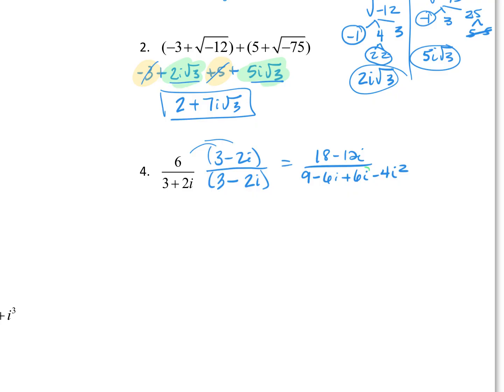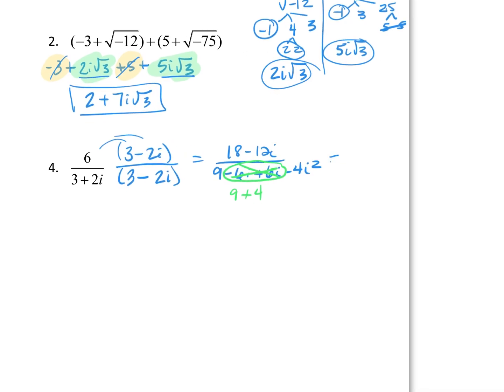If you did it right, your conjugate's right, the middle terms should cancel one another out. Those go away. And now I have 9 minus 4i squared is really a positive 4, isn't it? So it's going to simplify quite nicely, and it will end up being 18 minus 12i over 13.